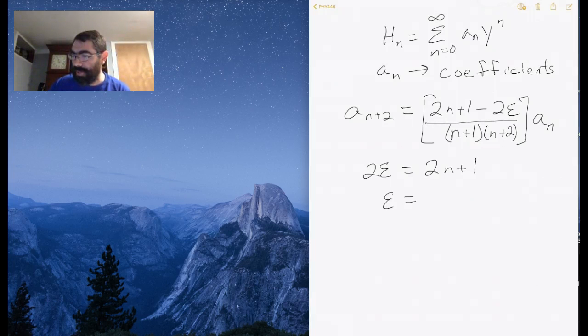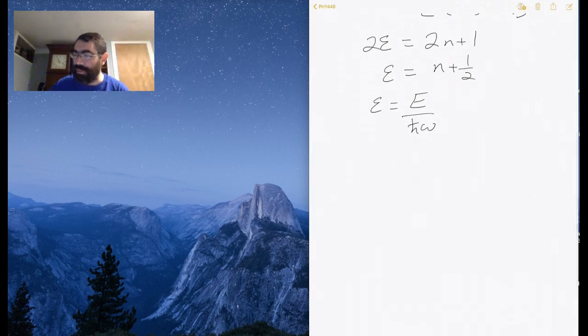So epsilon is now equal to n plus 1/2. And we defined epsilon to be the total energy divided by h bar times the angular frequency, which now gives us this quantized energy solution of n plus 1/2 times h bar omega.